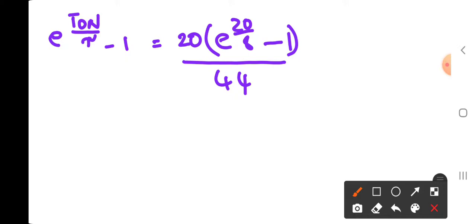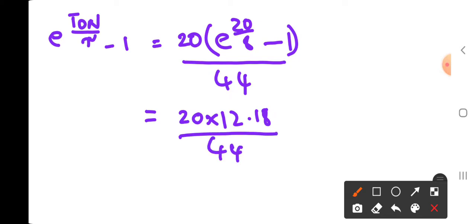This value is approximately 12.18. That is 20 into 12.18 over 44, which is equal to 5.53.